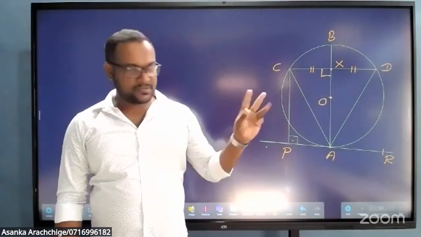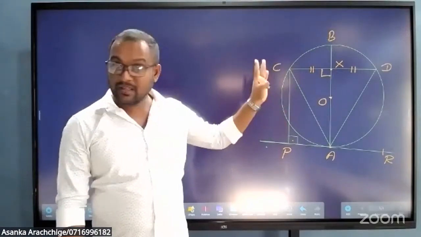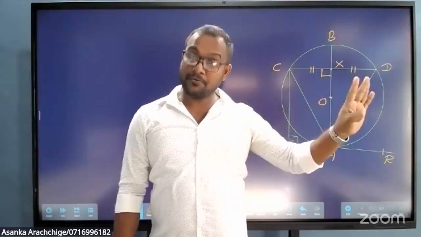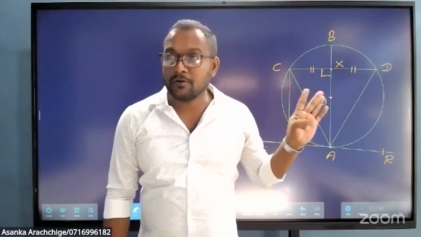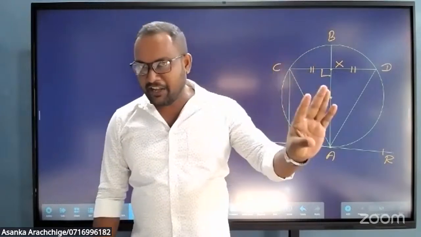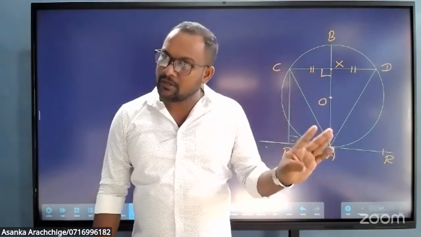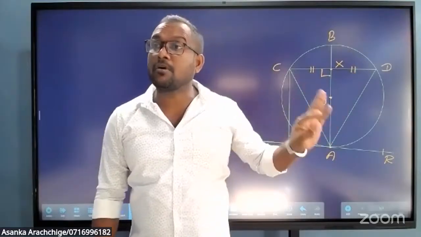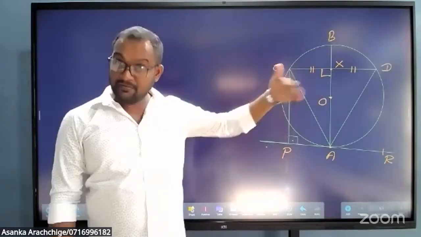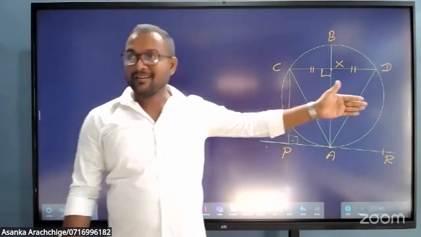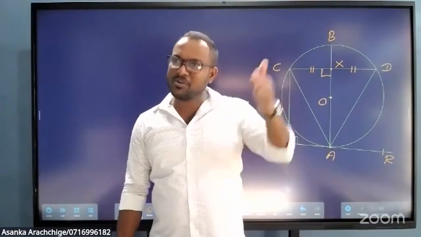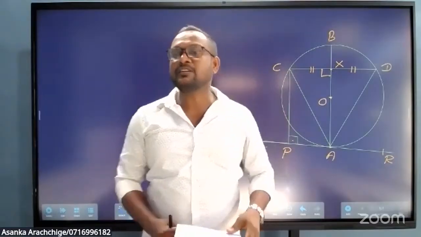There are two theorems. The converse of the theorem: the perpendicular drawn from the center of a circle to a chord bisects the chord.